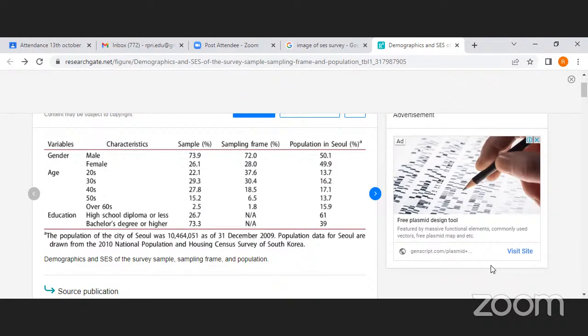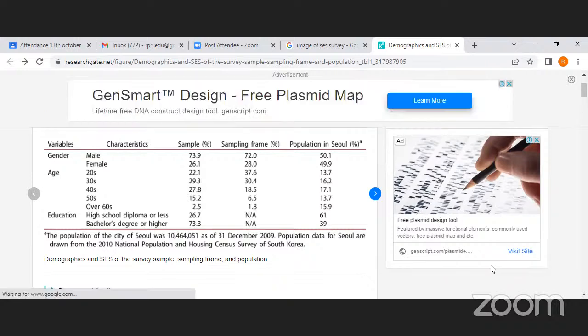And when you design the sampling frame, please pay attention to the population distribution.